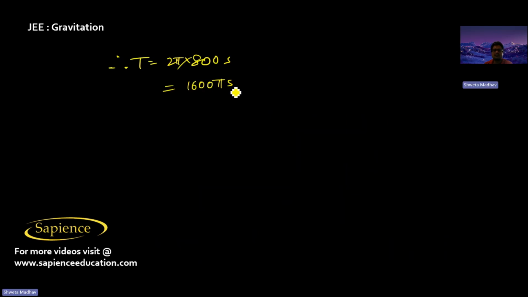To convert into hours, this will be equal to 1600 pi divided by 3,600 seconds, since 1 hour is 3,600 seconds. Zeros will get cancelled. So this is 4 by 9 into pi hours.